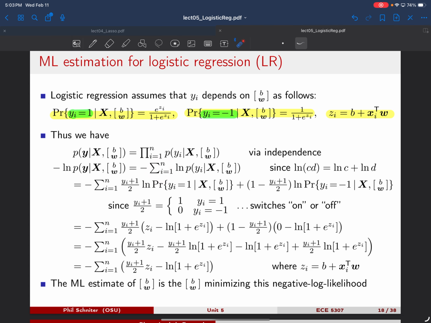Okay, so here we are with the sum of logs, and now this is where we have to apply this trick. I know that this takes on one of these two expressions depending on the value of yi. The trick we're going to use is based on what I call switching variables. And here are my switching variables that I'm going to insert.